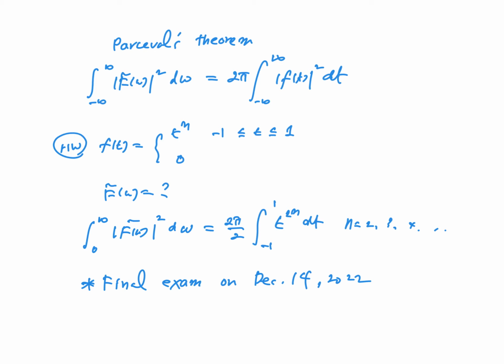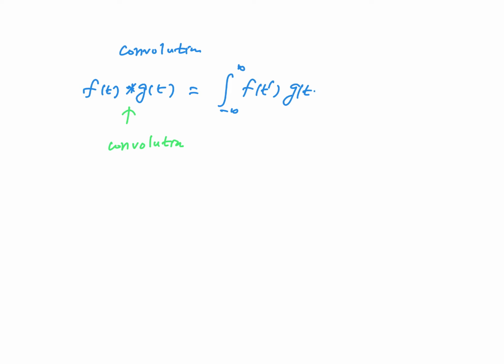One last topic is convolution. The convolution of f(t) and g(t) is defined as the following integral: the integral from minus infinity to infinity of f(t') g(t - t') dt', or equivalently the integral of f(t - t') g(t') dt'.